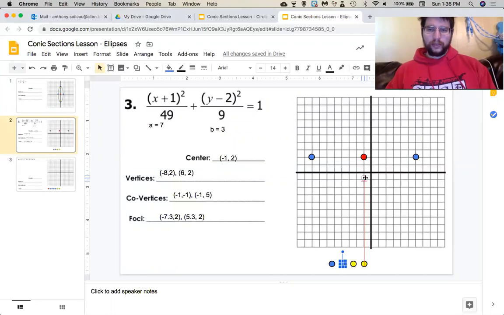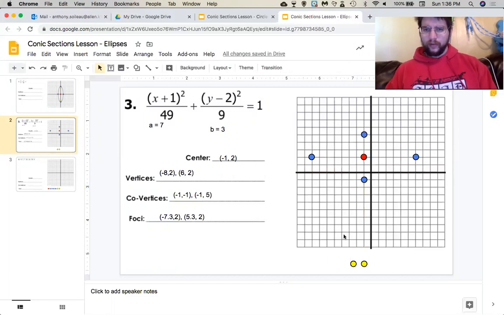Oh, -1, -1. That's why. Sorry, got a little lost there for a minute. And then -1, 5. 3, 4, 5. That's about right. I'm going to go ahead and graph my ellipse.